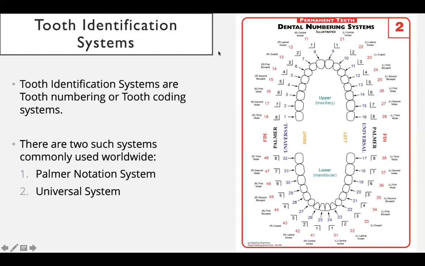One is the Palmer notation system and one is the universal system. Here you can see in the picture on the right side, we have the Palmer system, and then the universal is this purple one. Yeah, so let's see what it is.